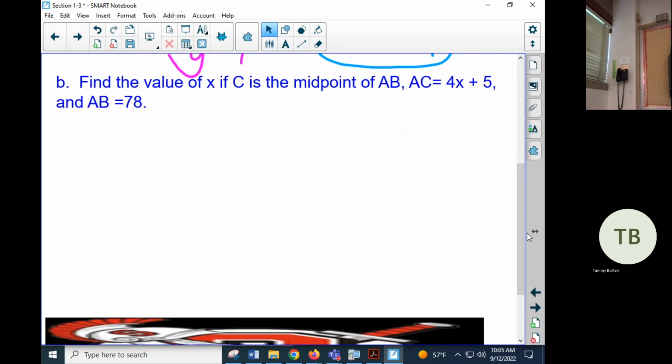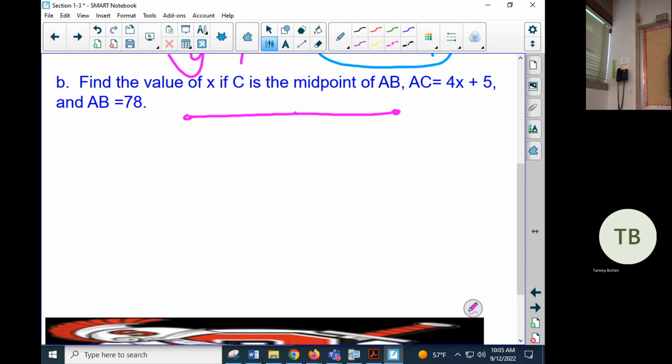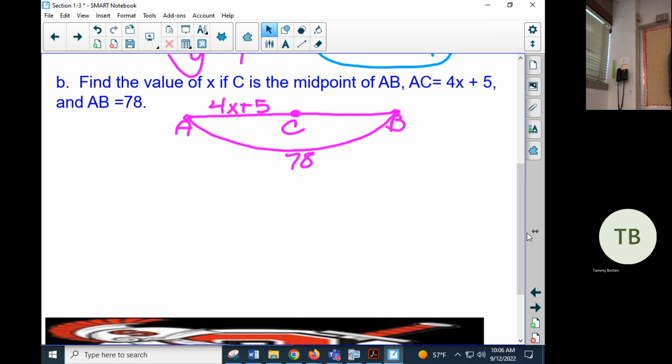It says find the value of x if C is the midpoint of AB. Okay, so I drew that out. AC, they're telling us right here is 4x plus 5. And from A to B right here is 78. Now there's a couple ways you could do this. There's probably 3 ways for sure. 4 maybe.